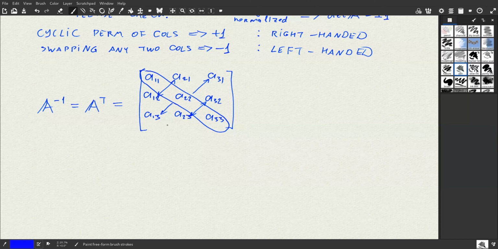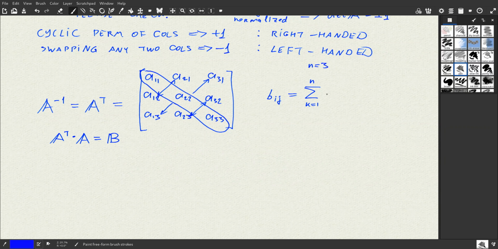So let us verify that. For example, A transposed times A. Suppose that this is some kind of matrix B. So then we get Bij equals the sum from, let's say, k=1 to N. In this particular case, N equals 3.